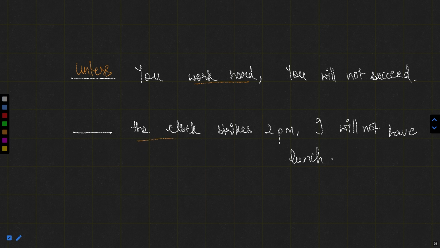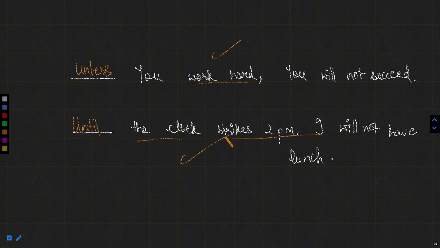But if I say the clock strikes 2 p.m., it is obviously time bounded, because there is a limit, there is a time when the clock strikes 2 p.m. So here we'll write until. So the correct sentence will be: until the clock strikes 2 p.m., I will not have lunch. So you can see that one is situation bounded and the other is time bounded.